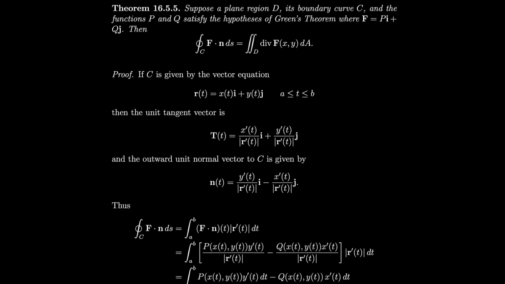If C is given by the vector equation r equals x i plus y j, then the unit tangent is x prime over the length of r prime i plus y prime over the length of r prime j. Remember, that's just r prime over the length of r prime. We just split it into the components. So that means the outward unit normal vector to C is given by y prime over the length of r prime i minus x prime over the length of r prime j.